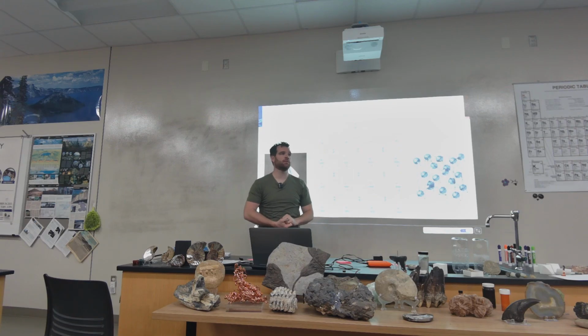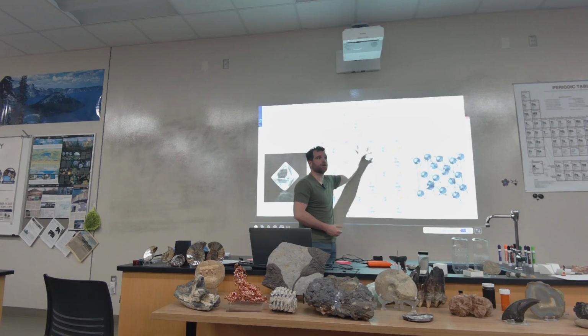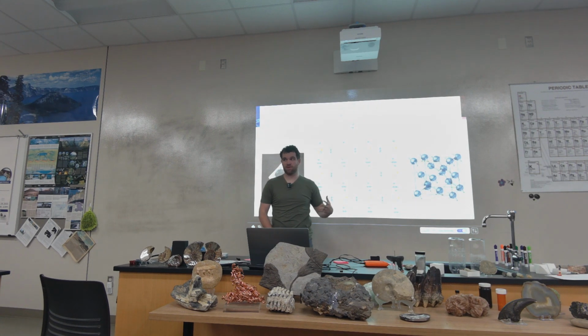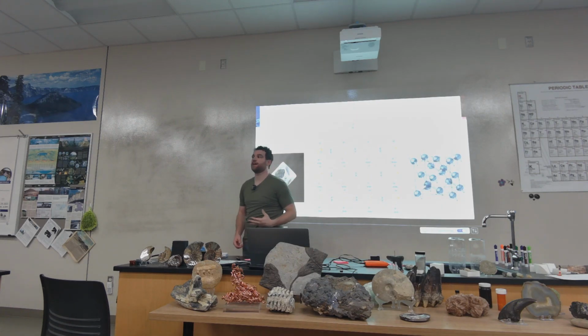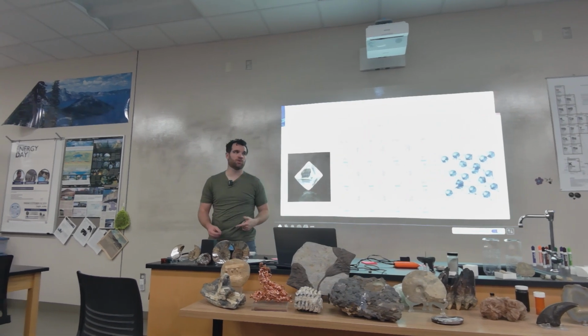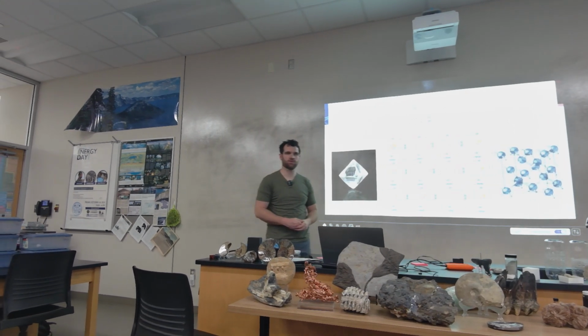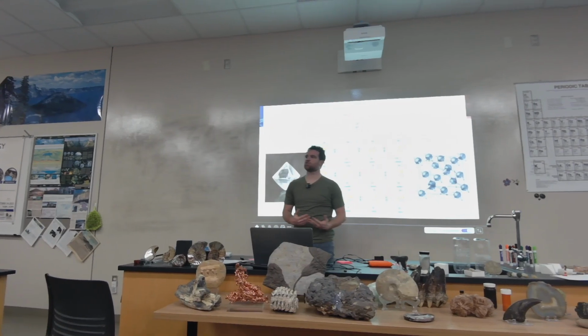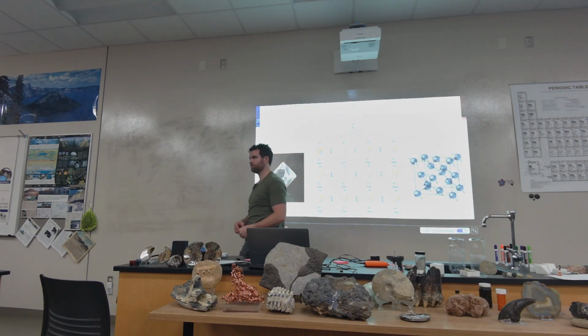Diamond is nothing but bonded carbons, pure carbon. There's another mineral that you learned about called graphite, which is the mineral at the core of your number 2 pencils. Okay? That also is carbon, just not as strongly bound together.